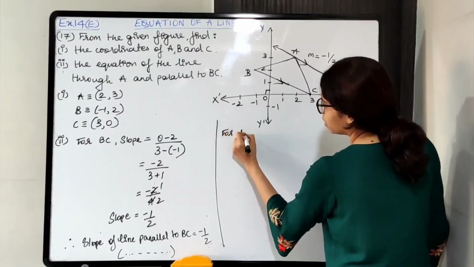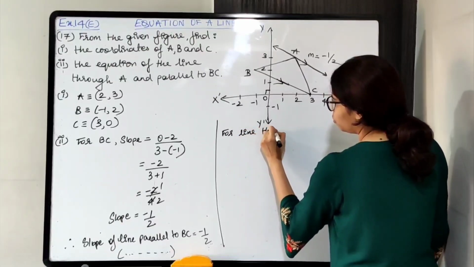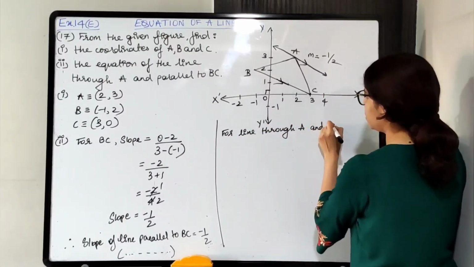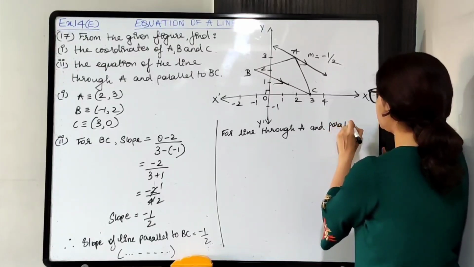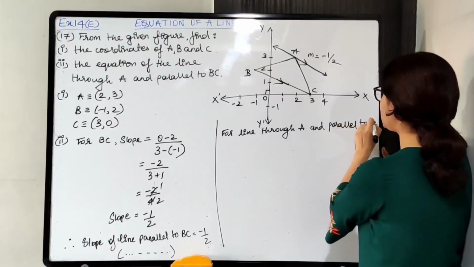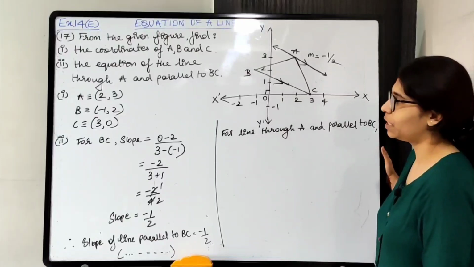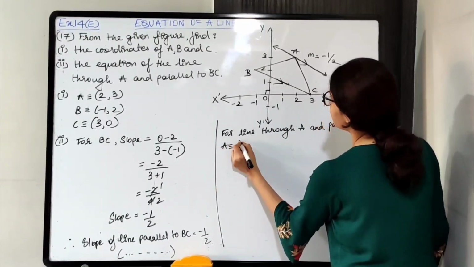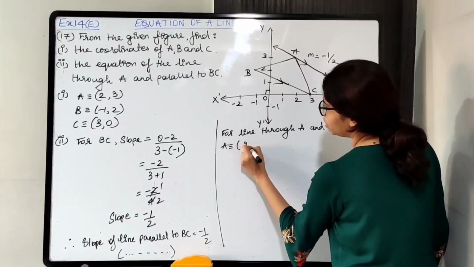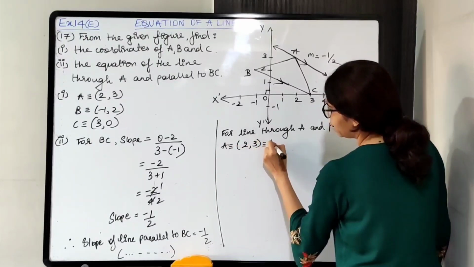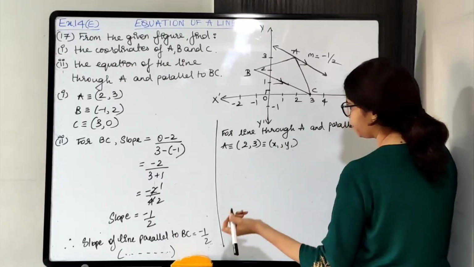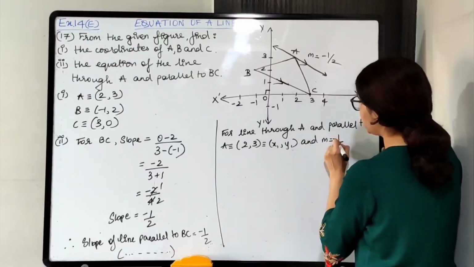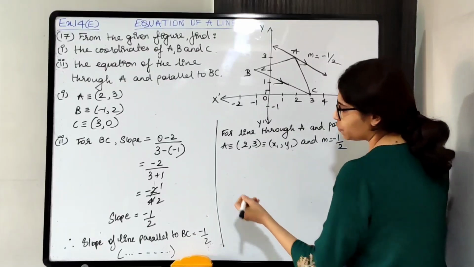So for line through A and parallel to BC, what information do we have? We have the coordinates of A, that is (2, 3), which is x1, y1, and slope we just found minus half है. Let's frame the equation.